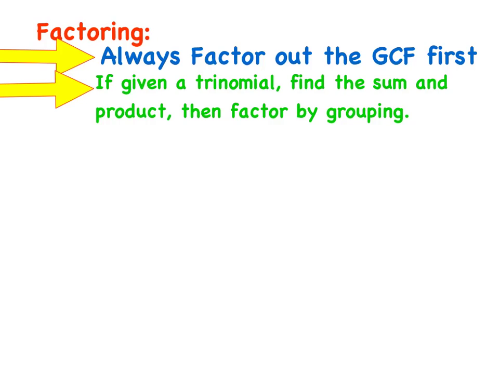Okay, so let's say that you were given the polynomial 2x squared plus 10x plus 12, and the directions were to factor. Well, the first thing that you would want to do, again, is factor out the GCF. I'm looking at these three terms, I see that they're all even numbers, so that helps me figure out that I do have a GCF.